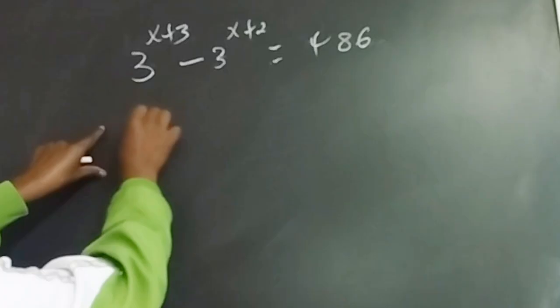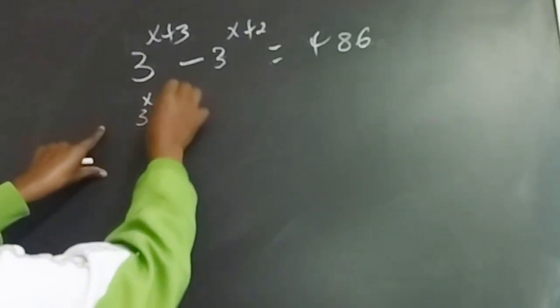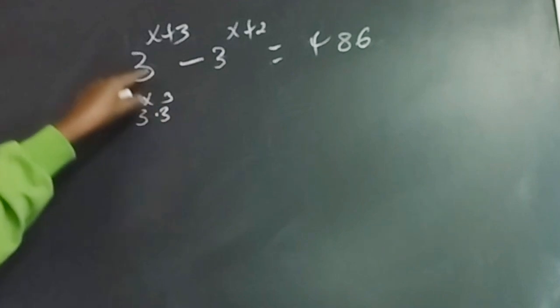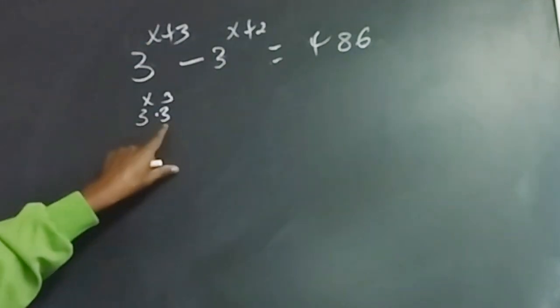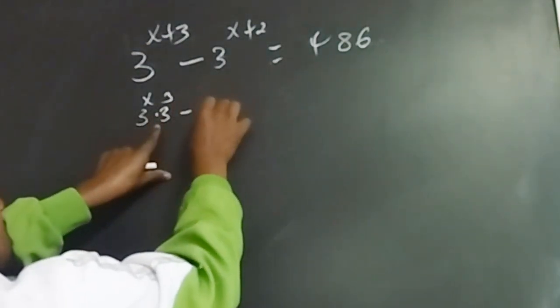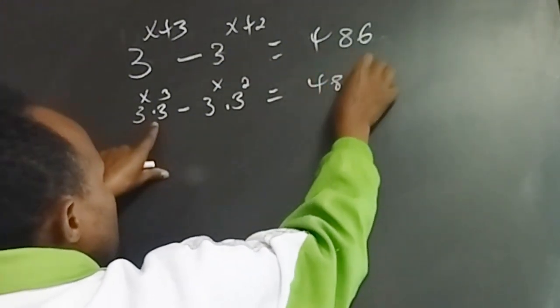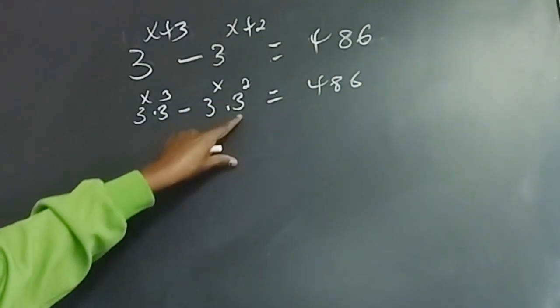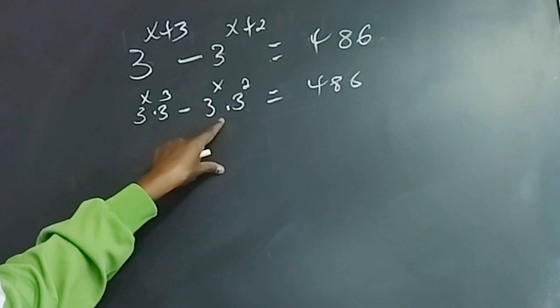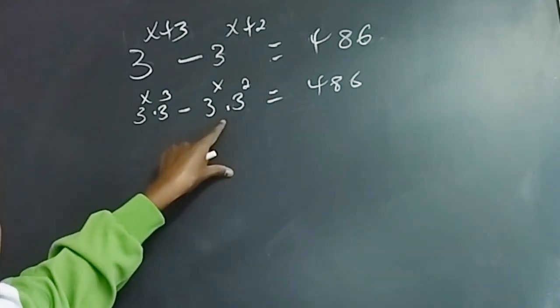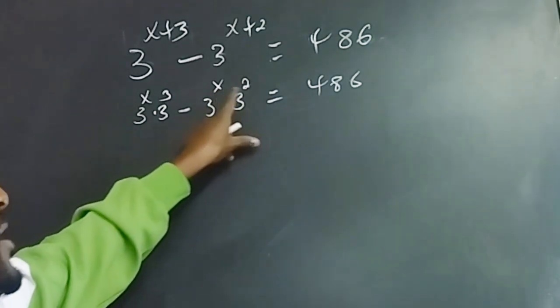So this one is 3 to the power of x times 3 cubed, they have the same base, minus 3 to the power of x times 3 squared equal to 486. By laws of exponents, if they have the same base, add the exponents.